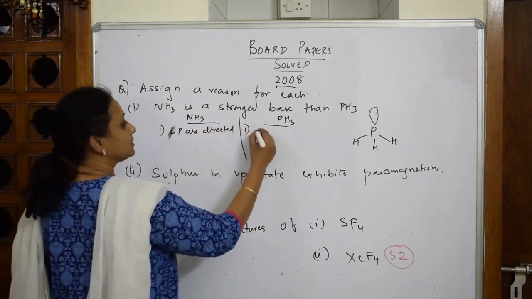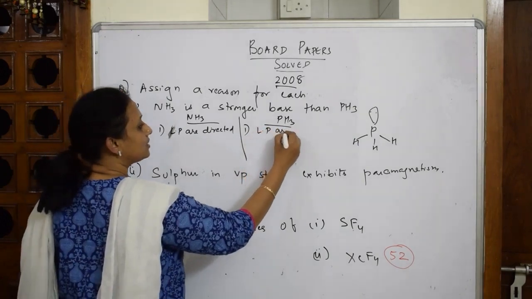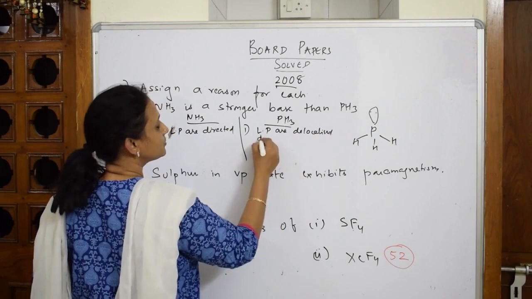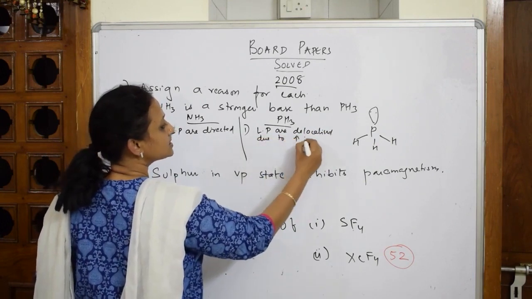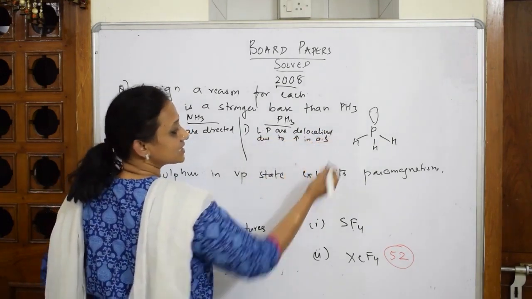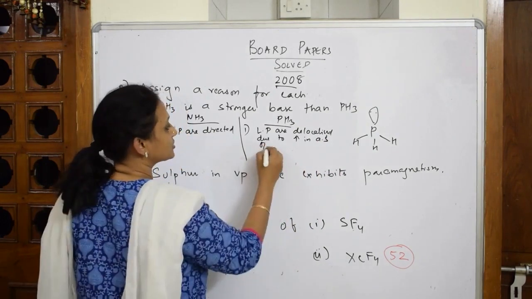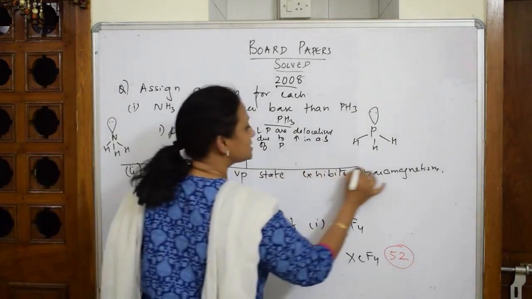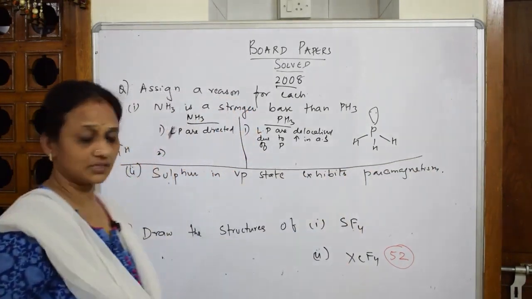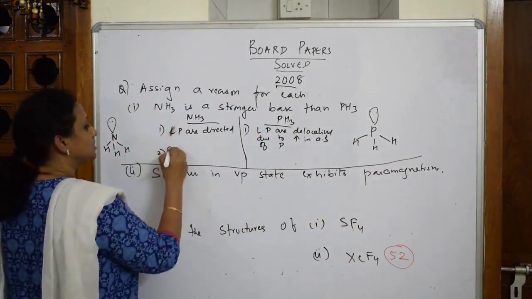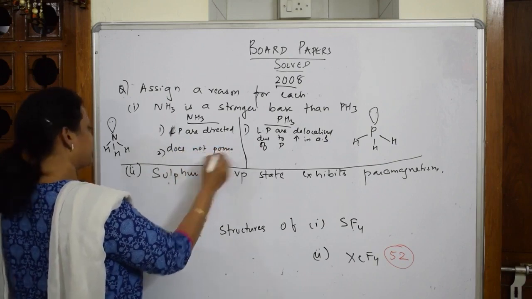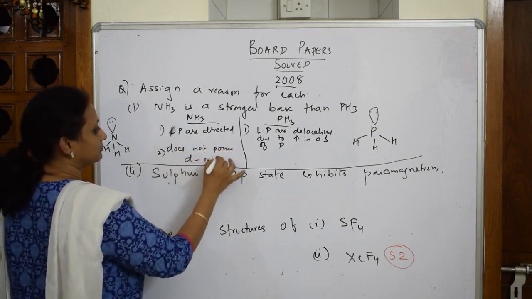Done. Second, here the lone pair is delocalized. Why? Due to increase in atomic size. AS means atomic size of phosphorus. That's the first one. Second important thing, nitrogen does not possess d orbitals.